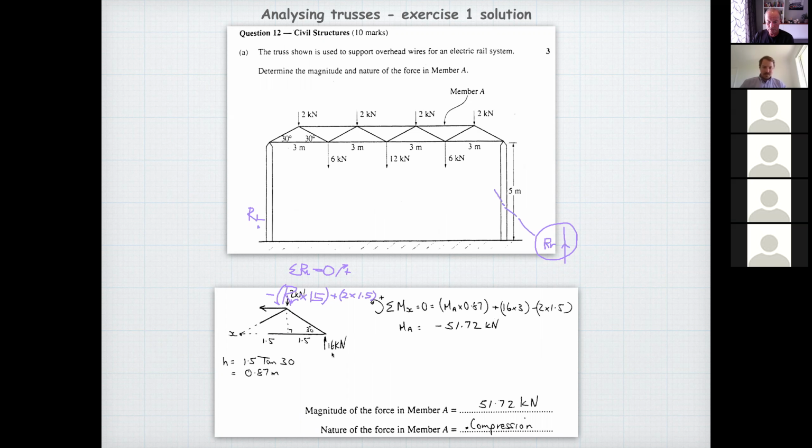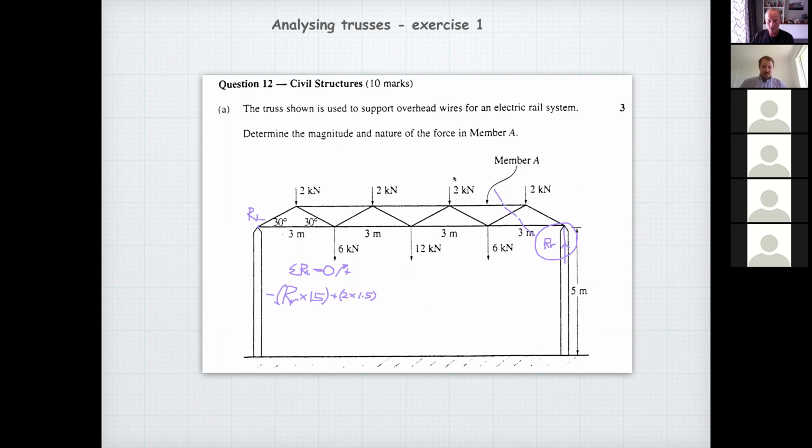No working, he's just put the 16 there. So make sure that you know how to look at the marks, and I'll just try and get rid of all this. I'm not used to this. And then judge your response from the marks there.